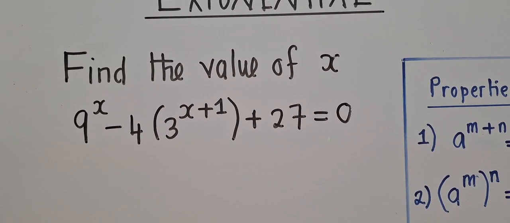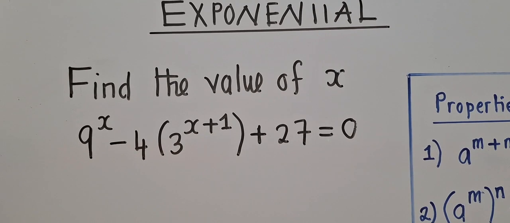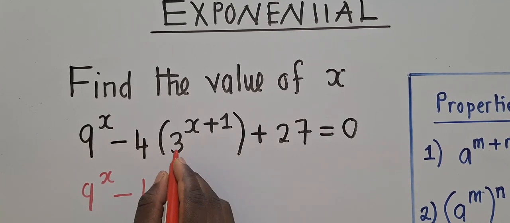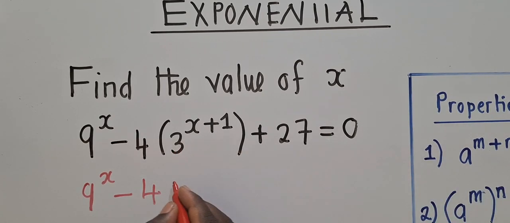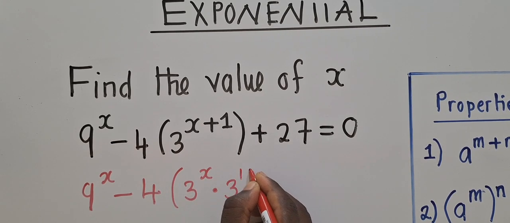All right, so now to answer our question here, we shall start by applying property number 1. So we maintain 9 power x minus 4. Property number 1 says that this base power x is being multiplied by the same power 1.